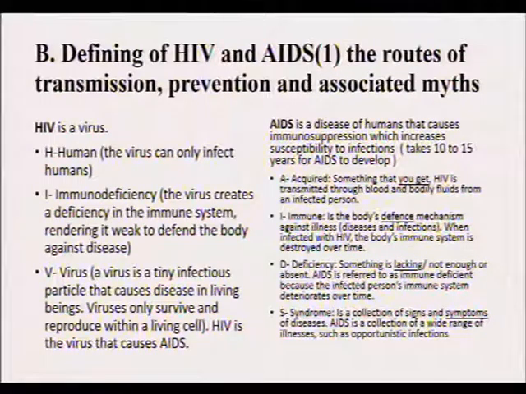Deficiency means you lack that immune system within your body. It's absent, and then at the end you find yourself with the symptoms. This is mostly after a period of 10 to 15 years after you are infected that you experience these symptoms and that you are HIV positive. So that's the difference between the definitions of HIV and AIDS.